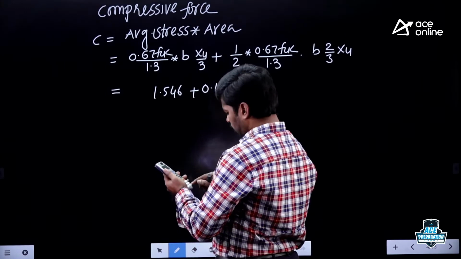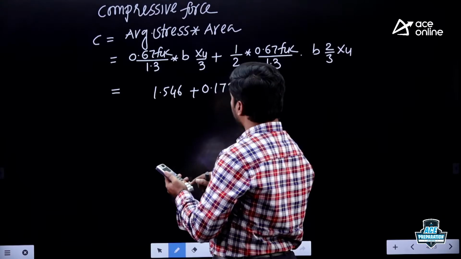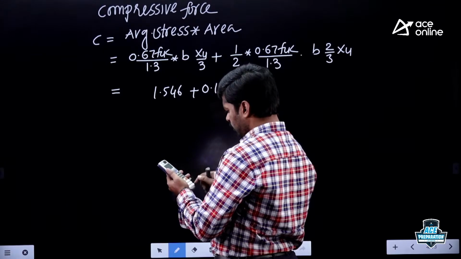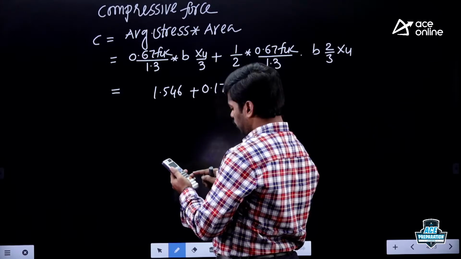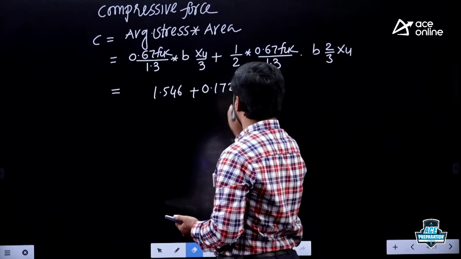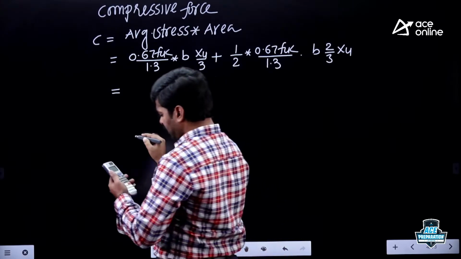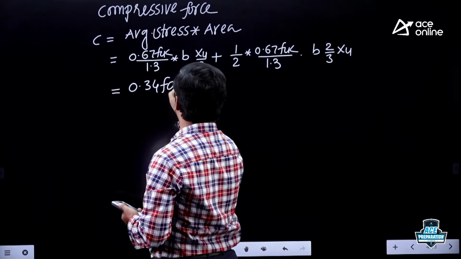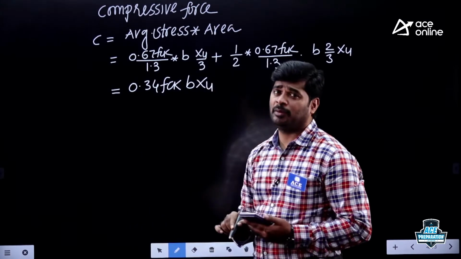Somewhere it is wrong. Wait. 0.67 upon 1.3 into 3. Yes, 0.17, this value also. 0.17 plus 0.17, 0.34 we are going to get. It is not 0.36, we are going to get 0.34. 0.34 FCK into B into XU. Okay, we are getting the compressive force.